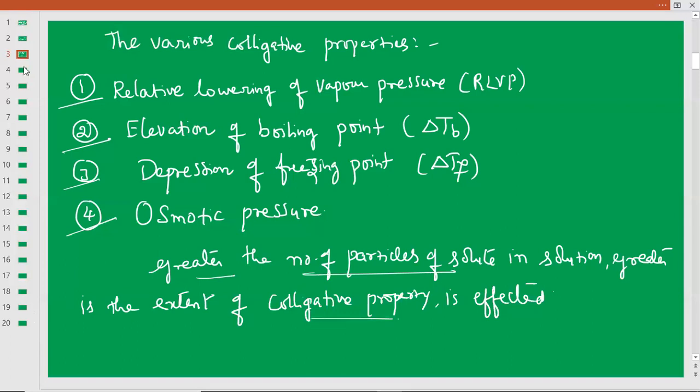Now we'll check, what are the factors that affect the colligative property?